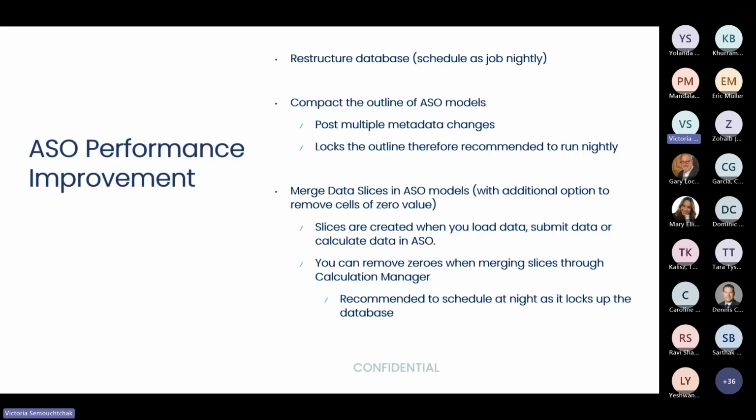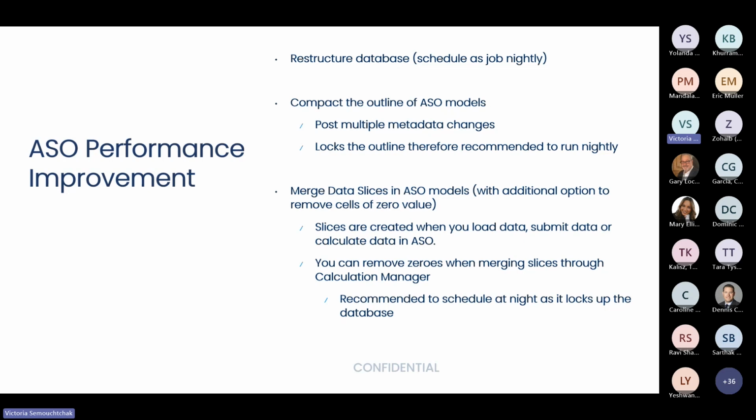Every single item that we're going to talk about on this slide is typically created in a job if you're on EPBCS, or a script if you're on-prem, and scheduled as a nightly job because it locks up the ASO model, okay? So restructuring the database relates to that, as does defragmentation, which we mentioned against the main primary BSO cube.